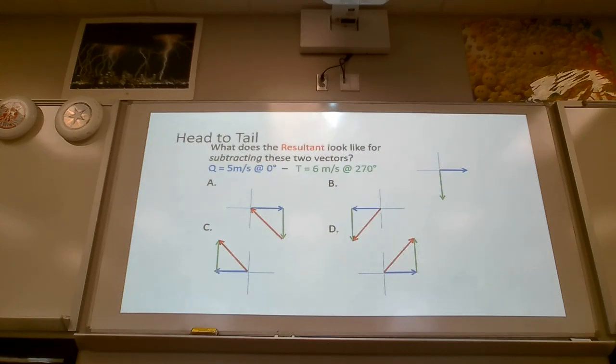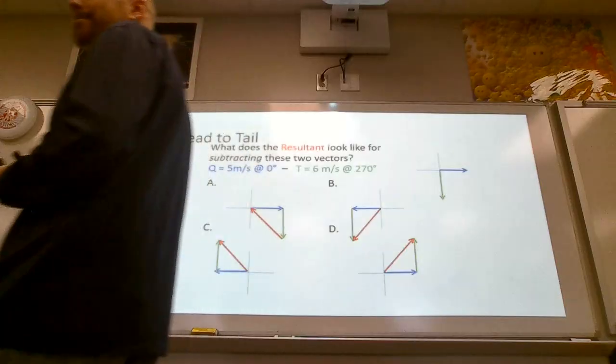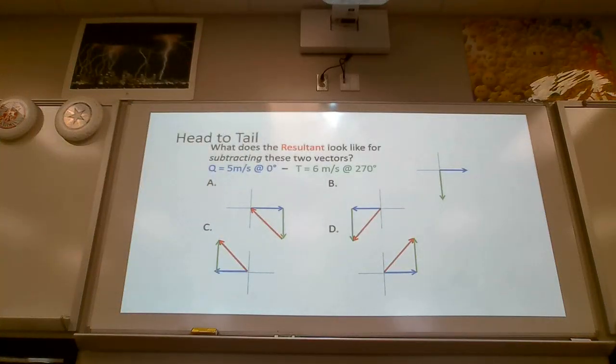Tell your neighbor how you got it. It can't be it. Oh, it's the only one. You start with the parent or the top with upper, and for subtraction is to start down. That's not. It says subtracting two vectors.